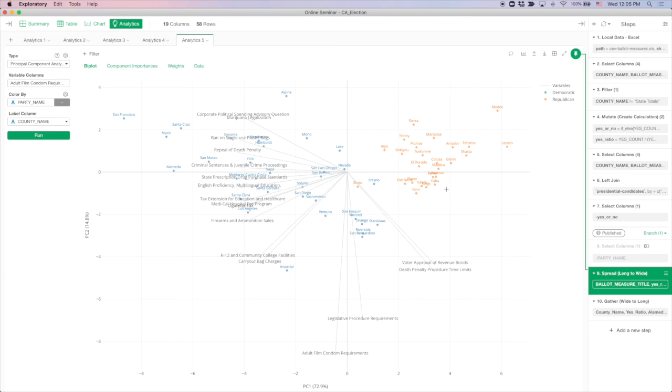And these two pieces of information are very correlated with the percentage of yes on these measures.